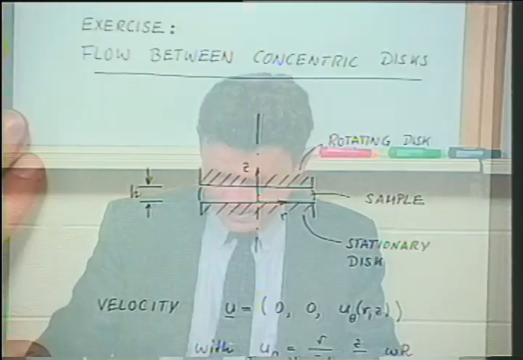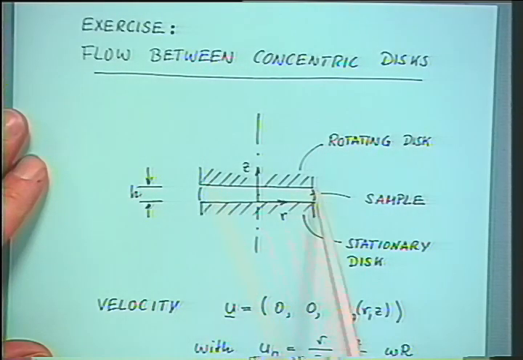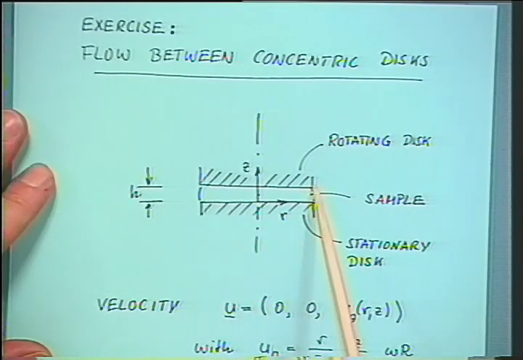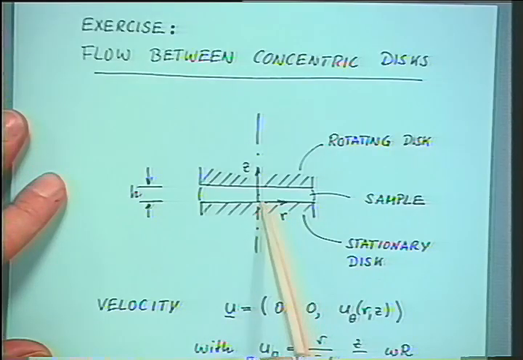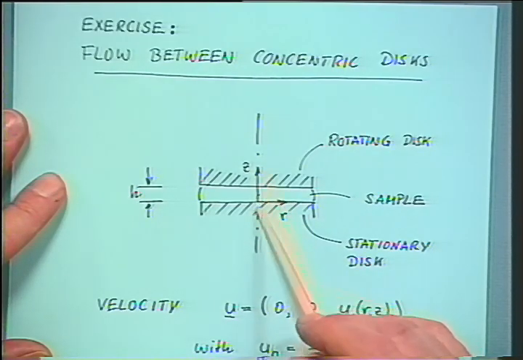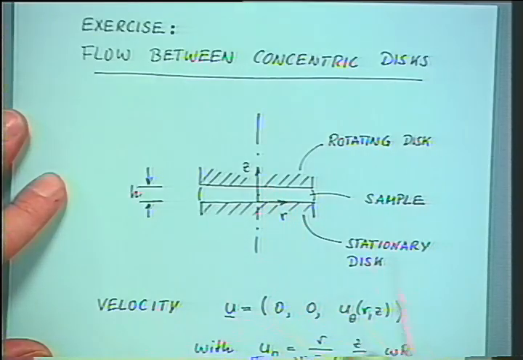Let's look at the kinematics in a moment in further detail. So the sample is between two disks, as shown here. We choose a coordinate system with radius r, and z would be the axial direction, and then there would be a circumferential coordinate, theta.